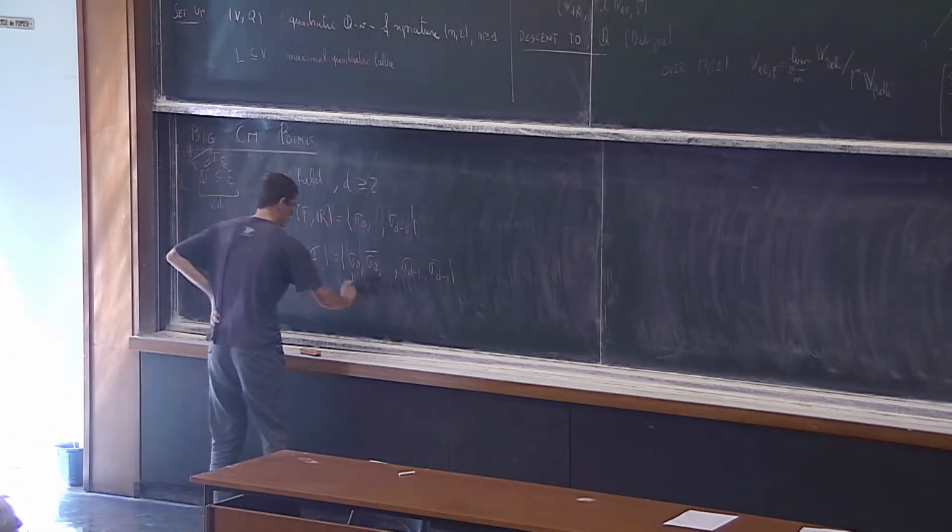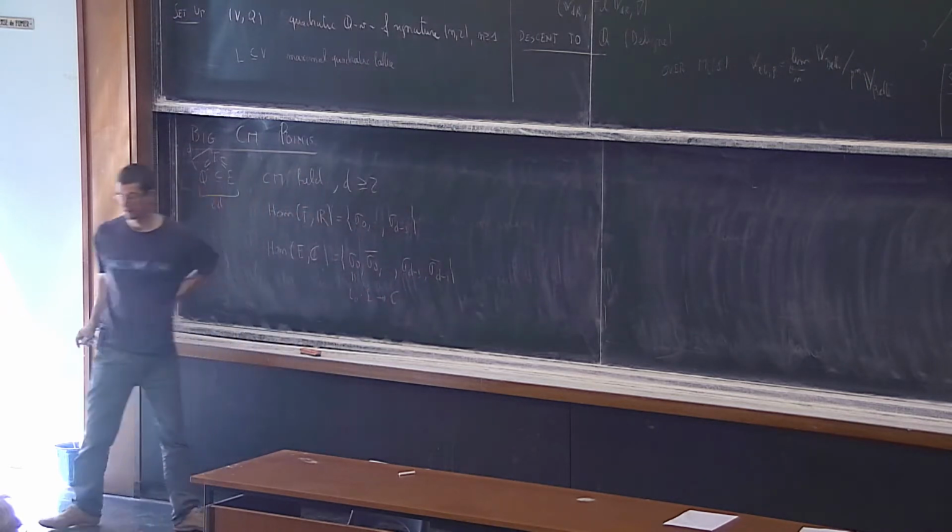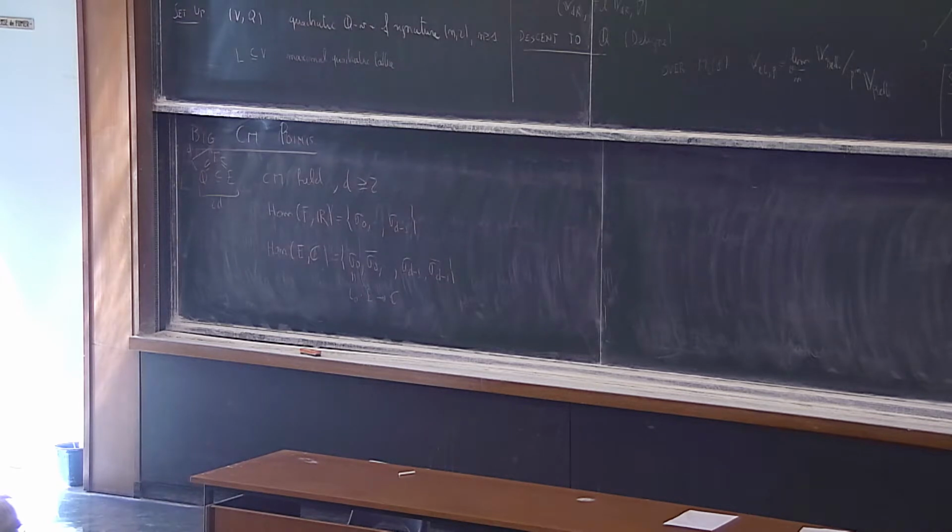And this sigma 0 is the fixed embedding that I have viewing E as a number field, so it's a subfield of C that enters in the definition of phi sharp, actually.